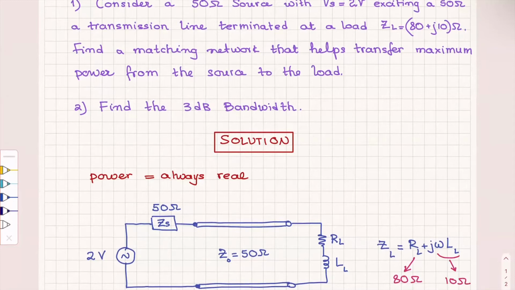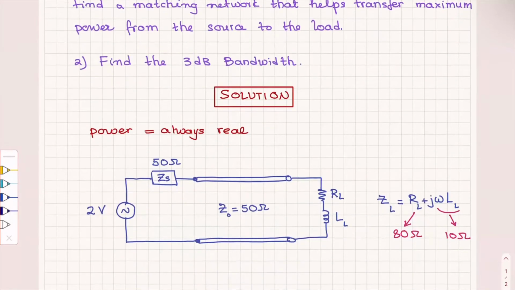What does that mean? That at my design frequency, F naught, I have that omega L is 10 ohms.